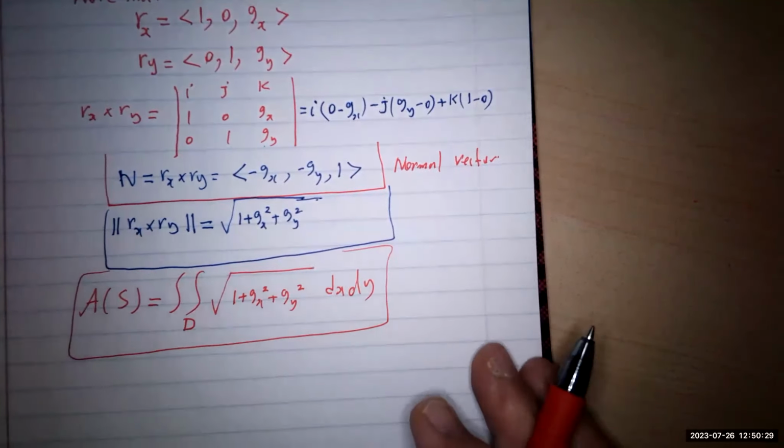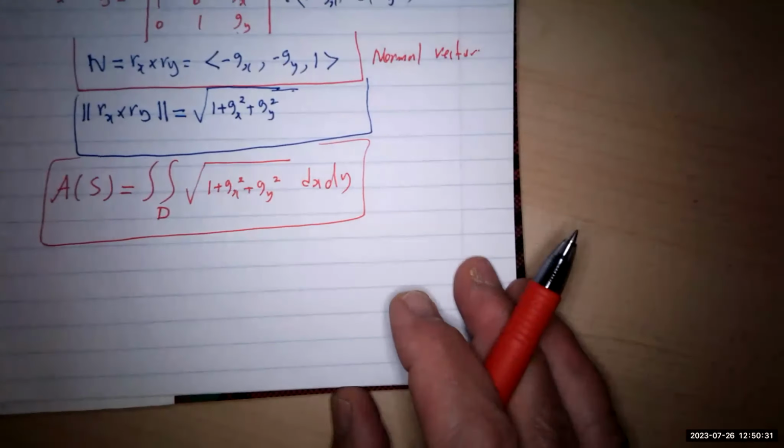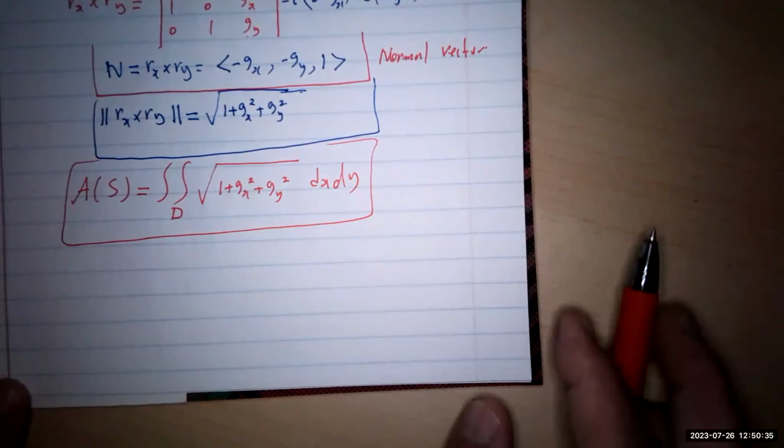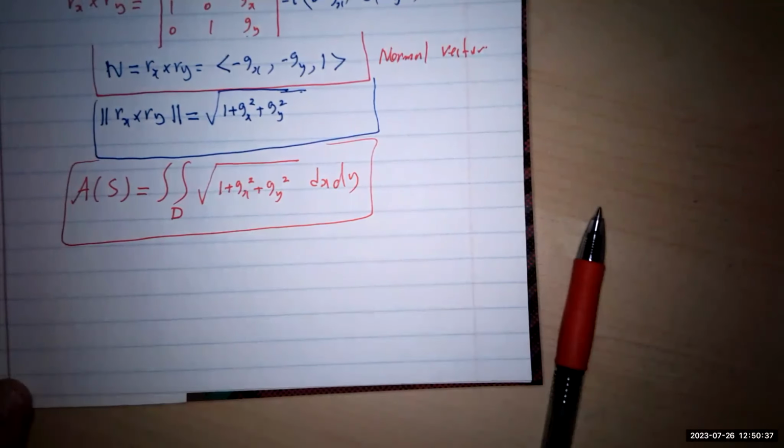Okay, a similar argument goes with this one to get this double integral, if you like. So this is the area of these types of surfaces. If the surface is given to you by a parametric equation, then this is the way you are going to find the area of that surface.